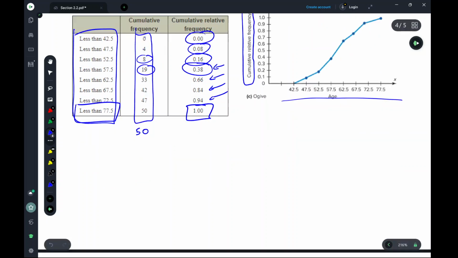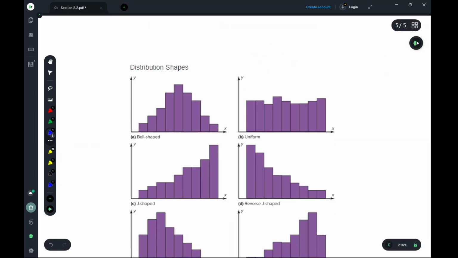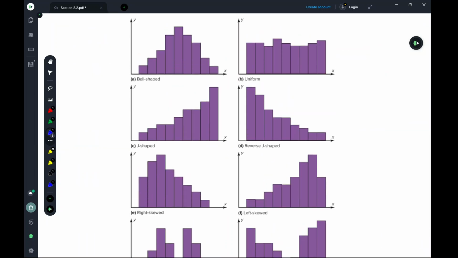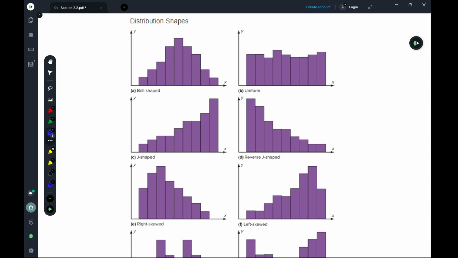Last concept in section 2.2 is this concept of distribution shapes. Distribution shapes are typically viewed in the context of a histogram, the very first chart that we looked at. There are a few in here that are going to be the most critical to us. This term is going to come up a lot in the rest of this course: bell-shaped.